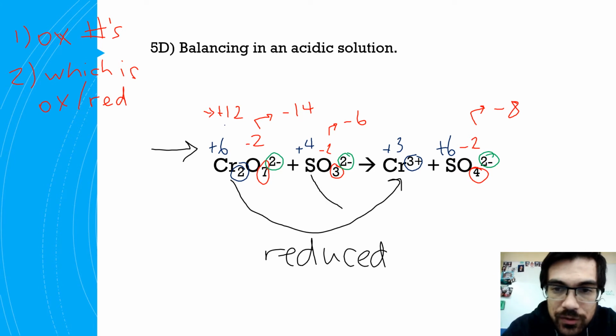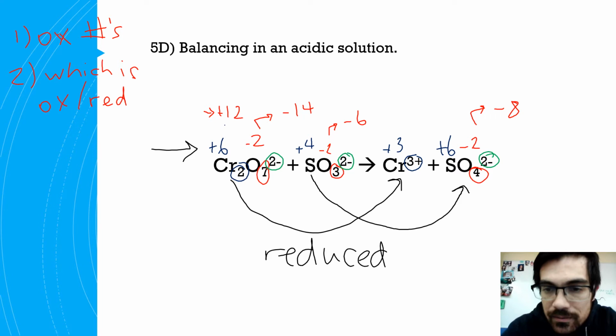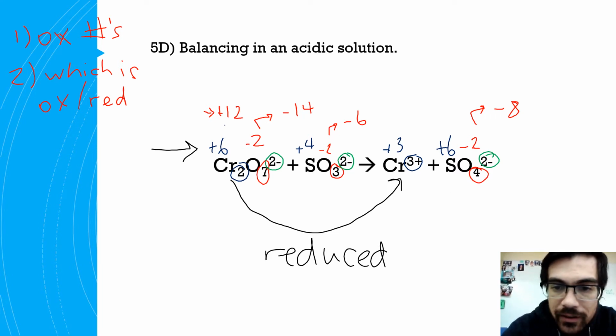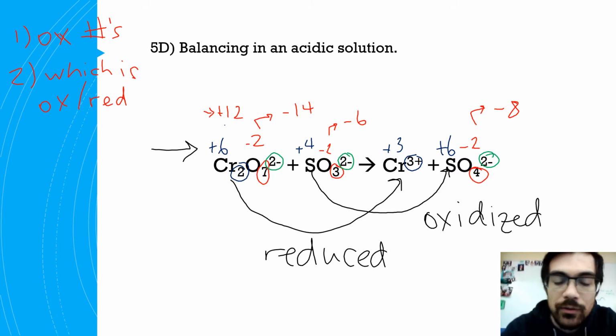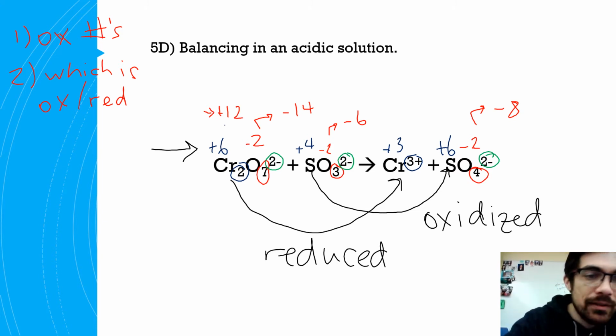Sulfur goes from plus 4 to plus 6. That's becoming more positive, and therefore this would be oxidized. Okay, so now that we have that, our next step is to do half reactions.